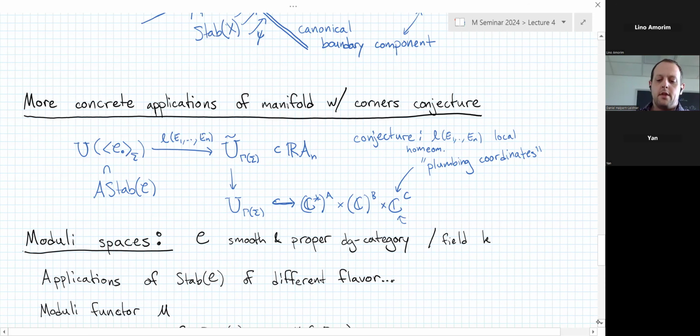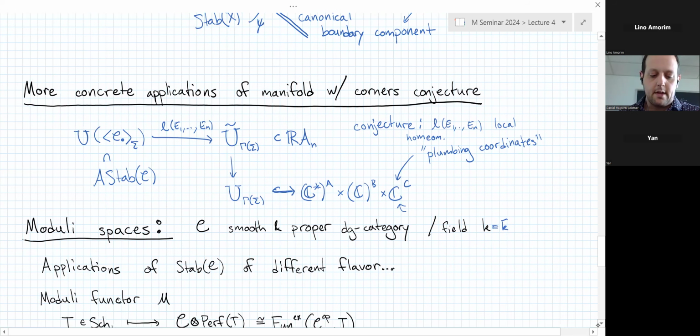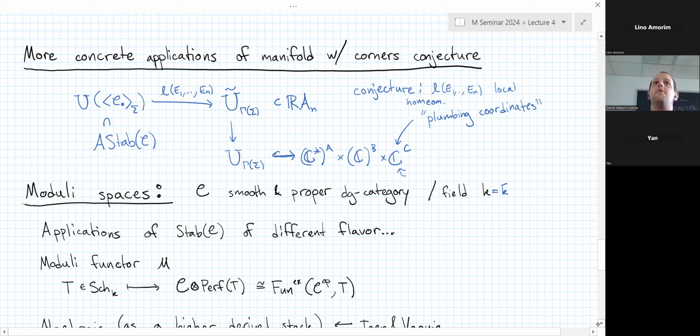So if you have a smooth and proper DG category, it's a little bit of a different flavor, but if you have a smooth and proper DG category over a field, let's say K is equal to K bar, then the kinds of things that people have used stability conditions for have to do with moduli theory and studying birational geometry of moduli spaces.